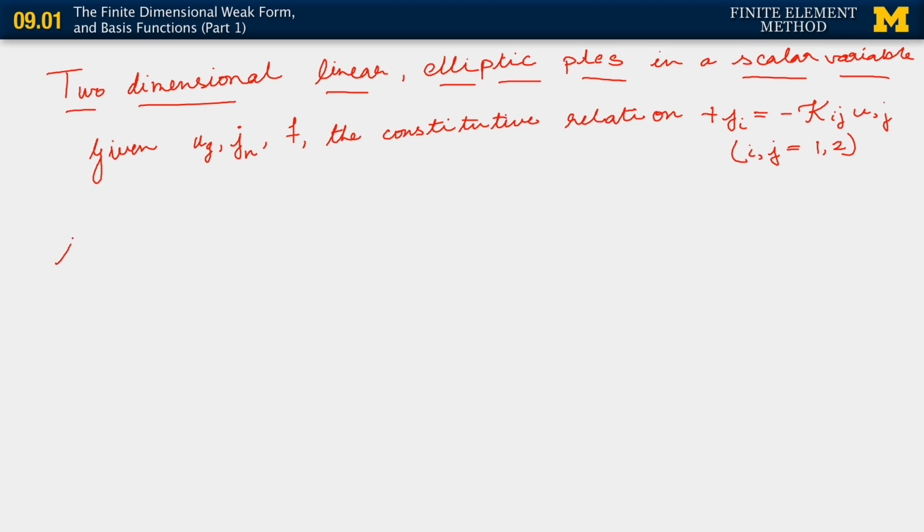So with this background, here's the strong form. Find u such that minus J_i comma i equals, now we'd used f in our first posing of the problem, and later on you will recall that I said that there was reason to replace that with a minus f bar.